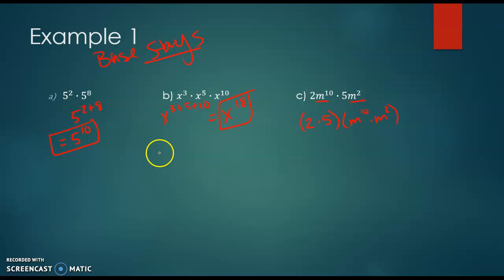These properties that you were taught a while ago, this is where they come in handy. It allows us to manipulate things so that we can make things more simple. So 2 times 5 is 10. And then we're going to have m to the 10 plus 2. So now we have 10m to the 12th. And that is our final answer.